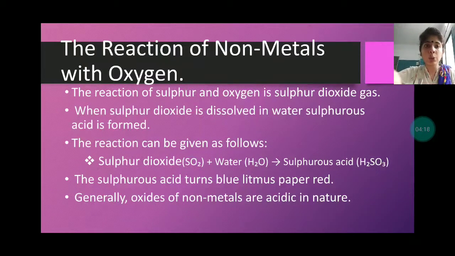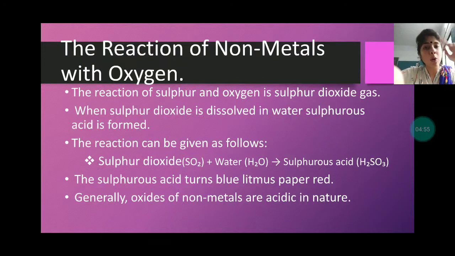Then this SO2 is dissolved in water, H2O, and it will give H2SO3. H2SO3 is sulfurous acid and H2SO4 is sulfuric acid. Let us see the reaction, how it is formed.